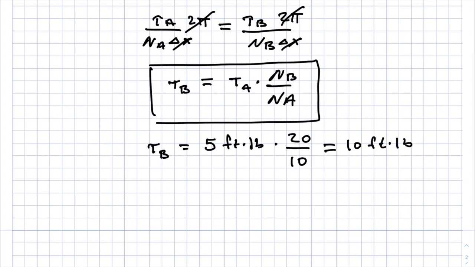So what was the trade-off? Well, the trade-off was the speed. The speed gets traded for torque. So we have a slower speed, slower RPM, but greater torque.